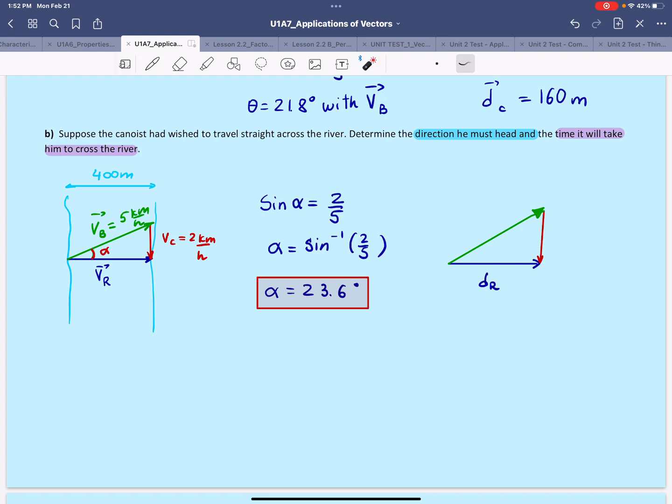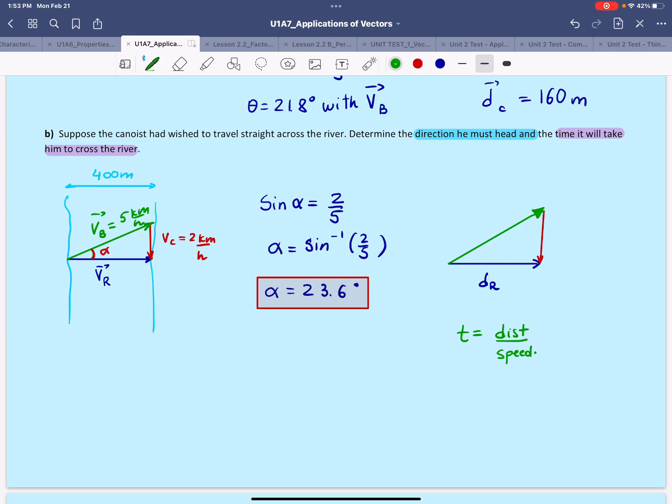So remember that at this point we have to think of two things. First of all, we need to think of what we have to find, the time. And time is given as distance traveled divided by speed, where speed is practically the magnitude of velocity.